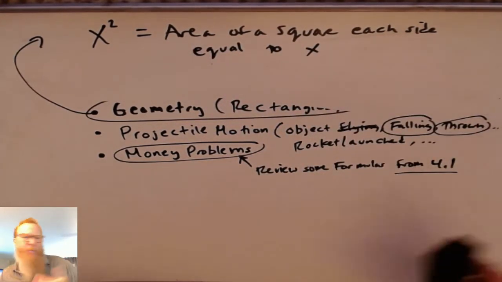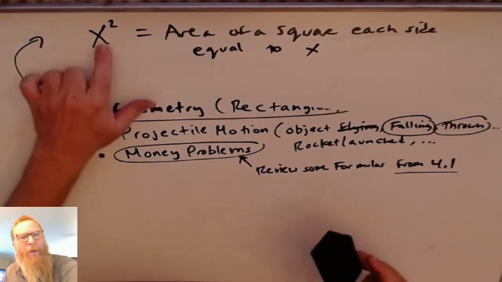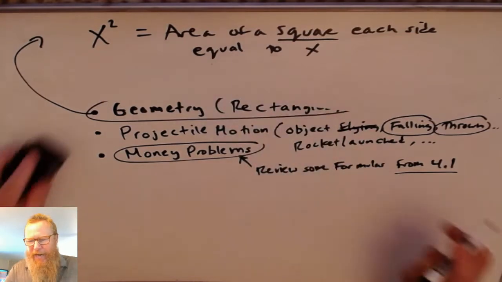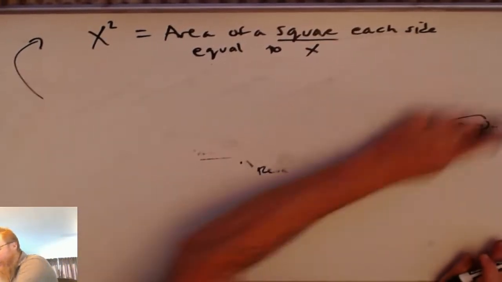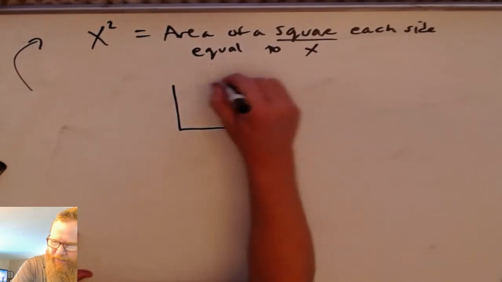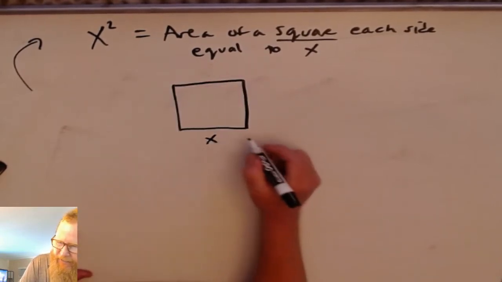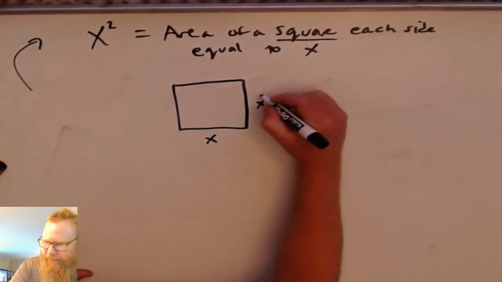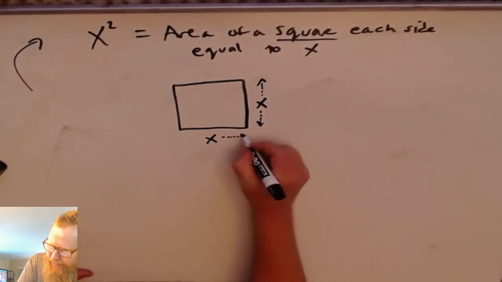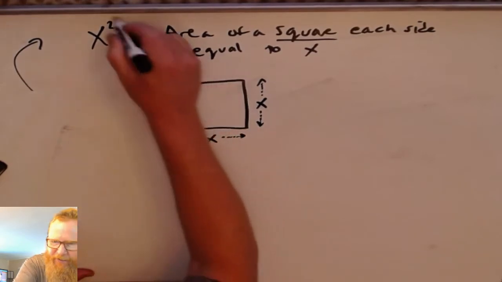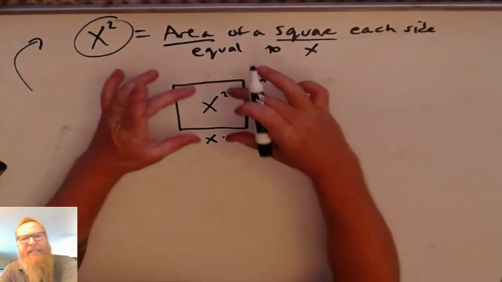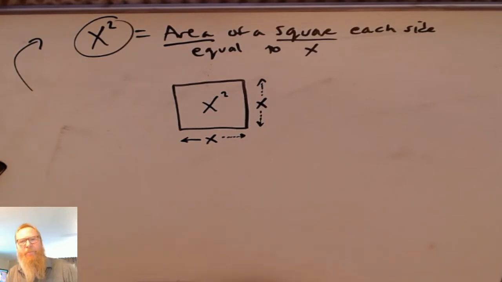So it makes perfect sense that the reason why we call it x squared is because it relates to the area of a square. So if I have x on each side, so if this side is length x and this side is also length x, then the area is x squared. It's the inside of the square.